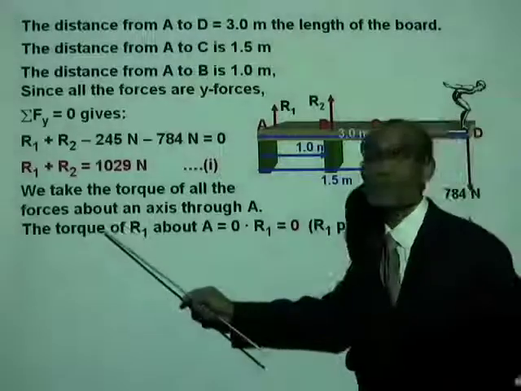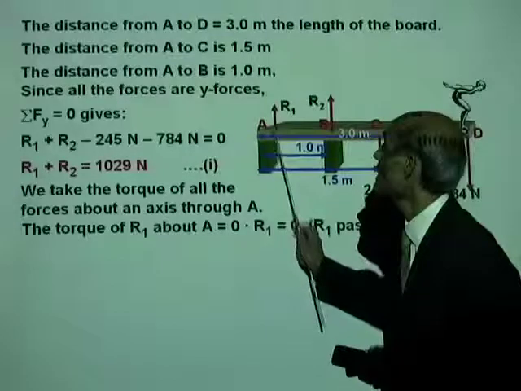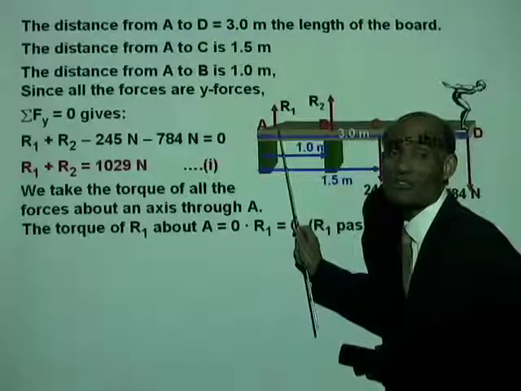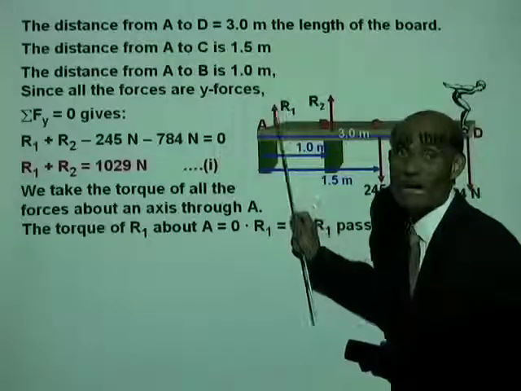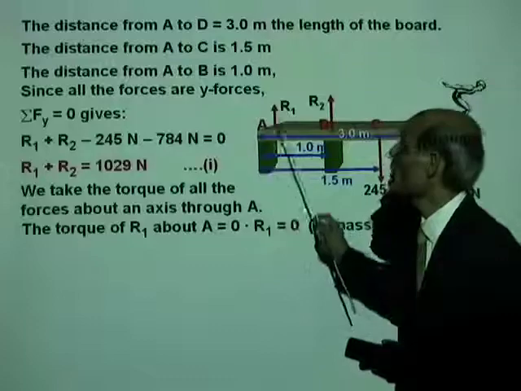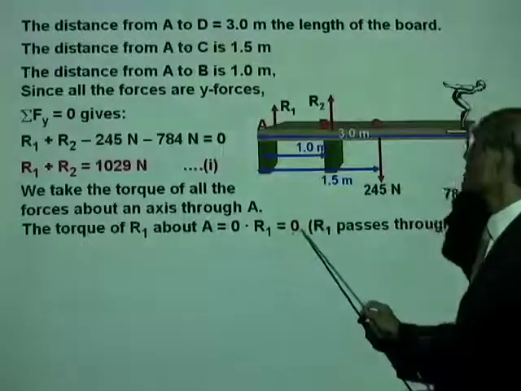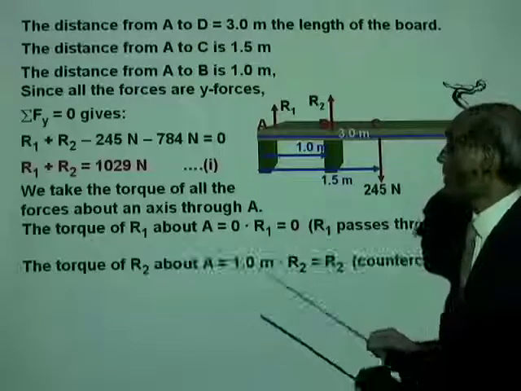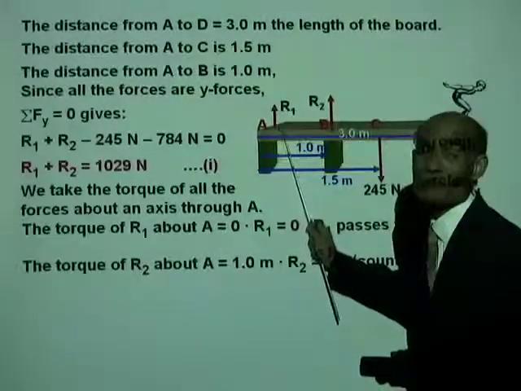Let's take the torque of R1. What is the torque of R1 about an axis that passes through A? Since R1 passes through A, the torque arm is 0. Therefore, the torque of R1 about A is 0. What is the torque of R2 about A?